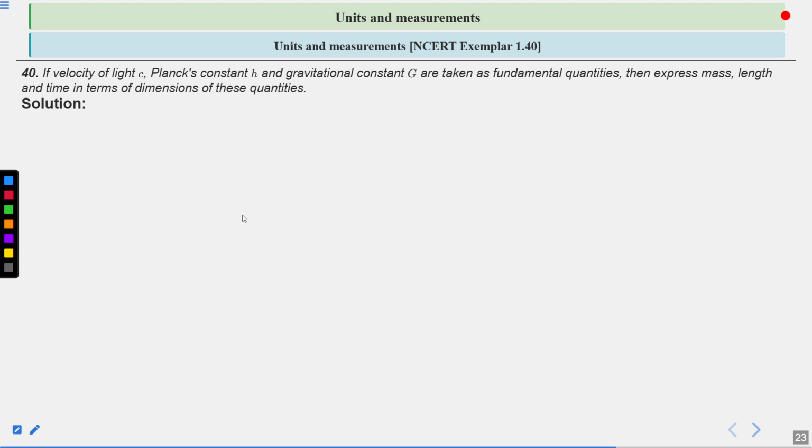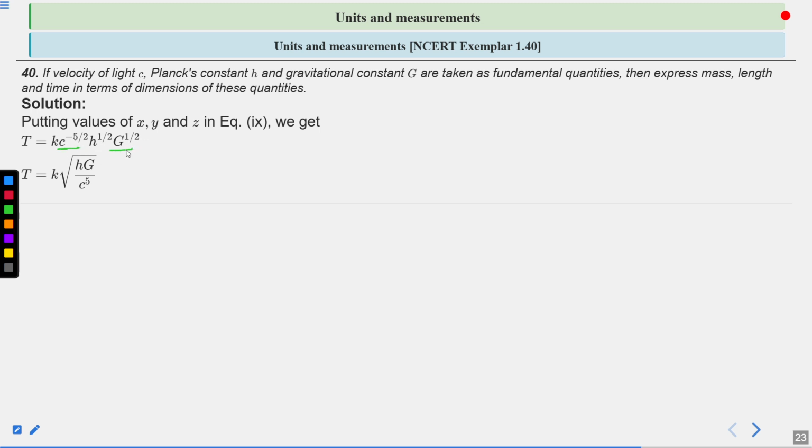So putting values of x, y and z in equation 9, we get t is equal to k into c raised to the power minus 5 by 2, h raised to the power 1 by 2 and g raised to the power 1 by 2. So it will be t is equal to k under root h g, c raised to the power 5. Here g raised to the power 1 by 2 means under root g.